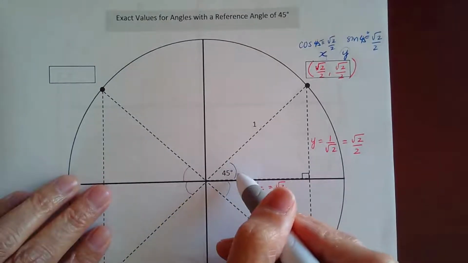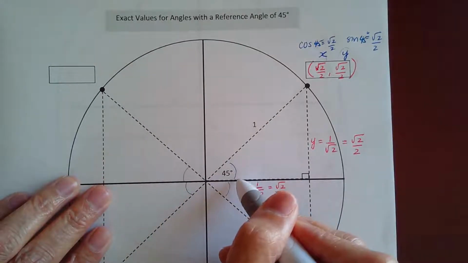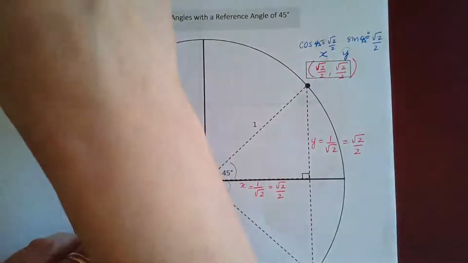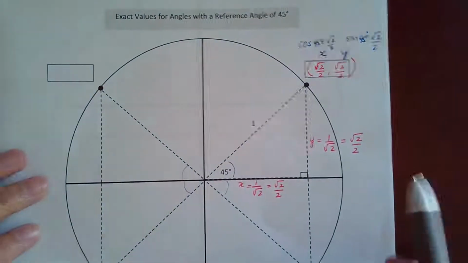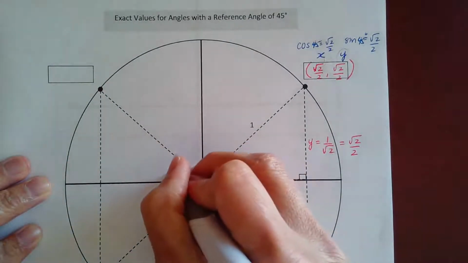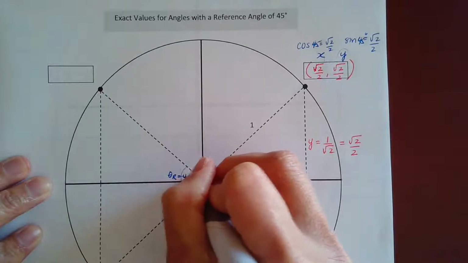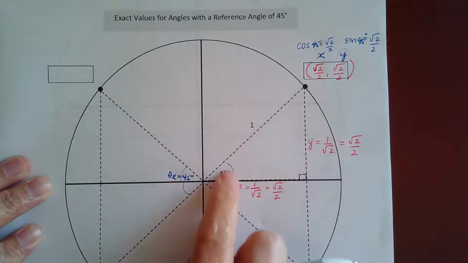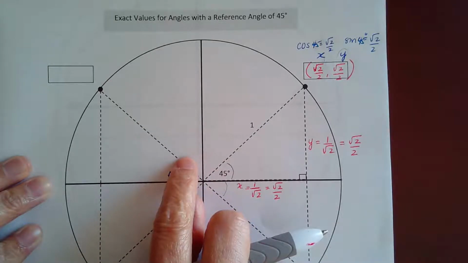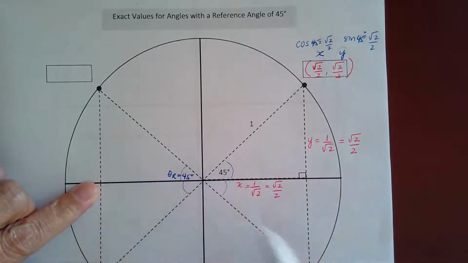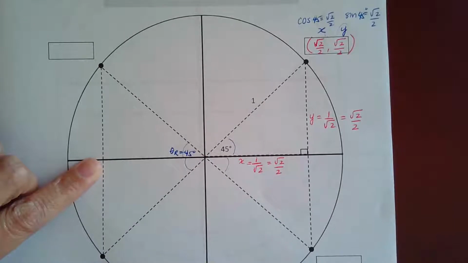If we go all the way down from this initial arm to that side, this becomes a reference angle of 45 degrees. How big is this angle here? Then this one would be 180 minus 45. So if we go this way, this is going to be x.